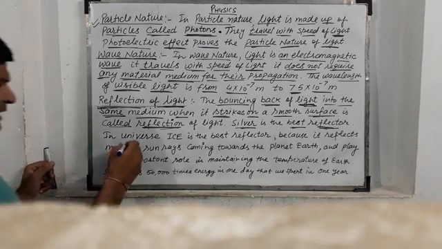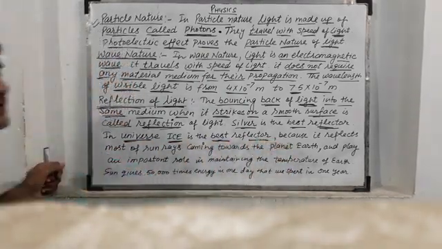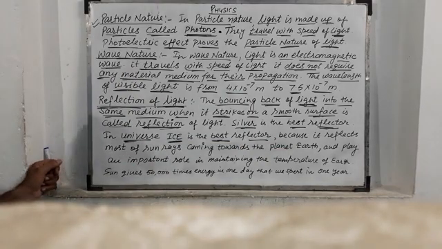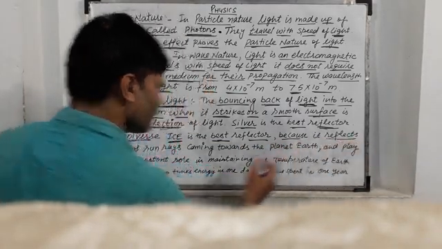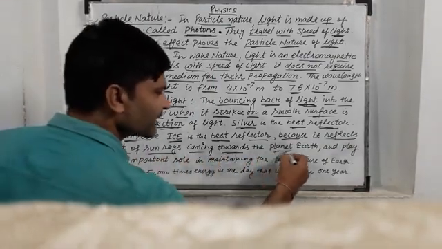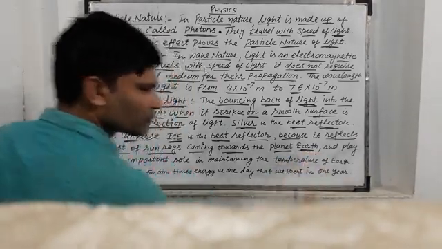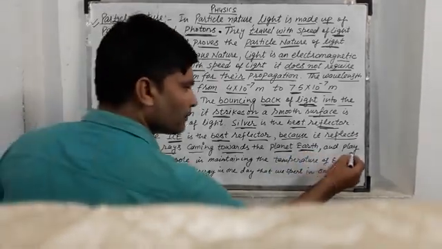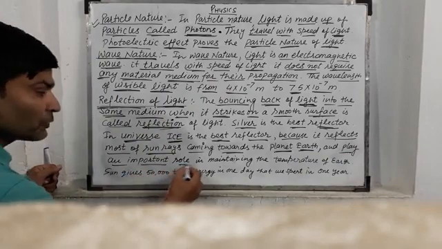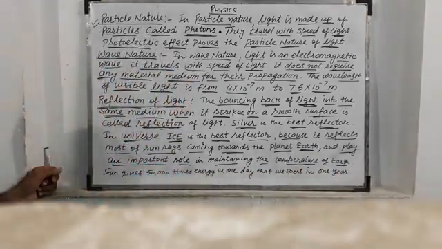Now, in the universe, ice is the best reflector. Why? Because it reflects most of the sun rays coming towards the planet Earth, and plays an important role in maintaining the temperature of Earth.